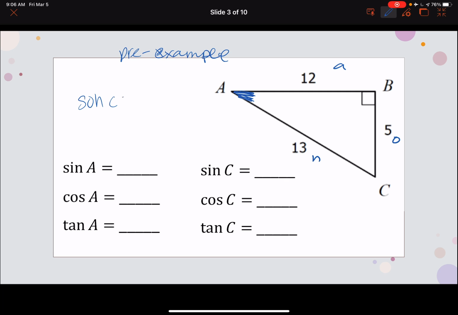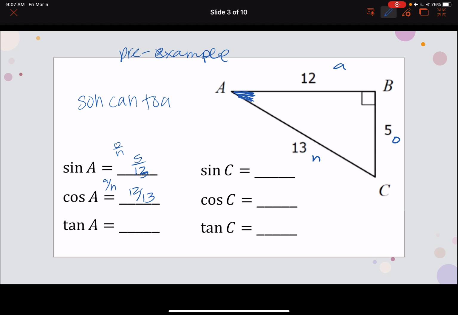Remember Sohcahtoa. Sine is opposite over hypotenuse, so it's going to be 5 over 13. Cosine is going to be 12 over 13 because it's your adjacent over your hypotenuse.